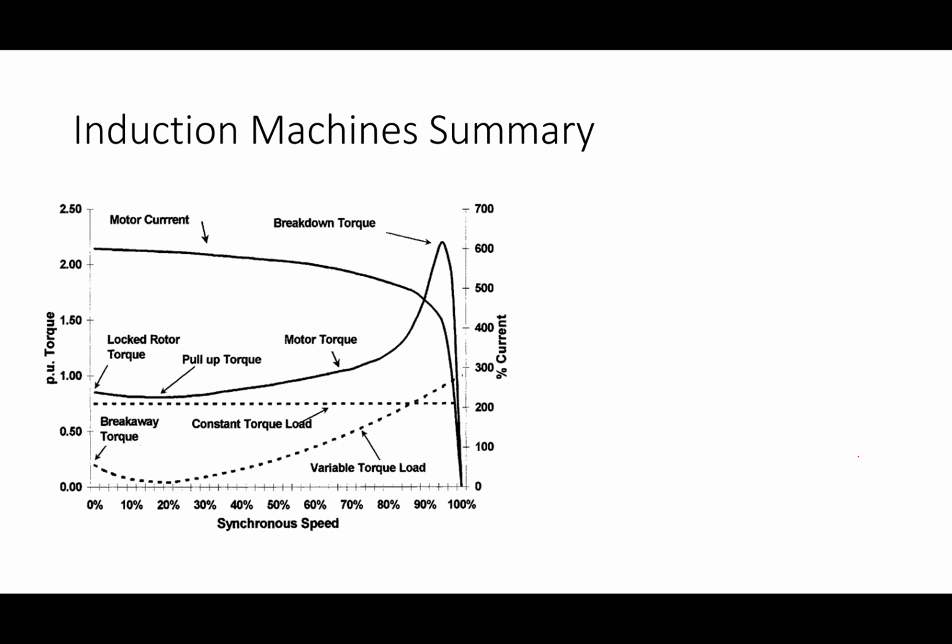What this says is that at my operating point, let's say right here, what's special about this point is what I'm showing is this curve here. This is the torque electrical. This here is the torque mechanical.